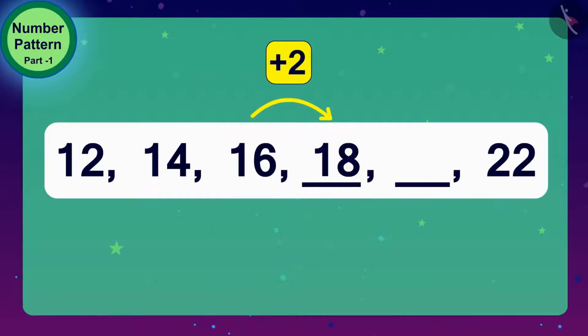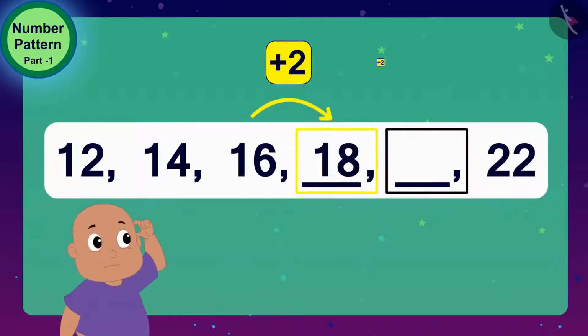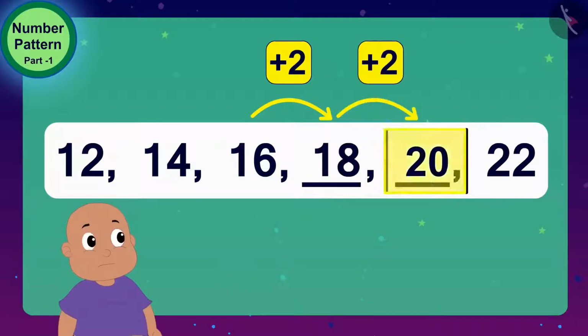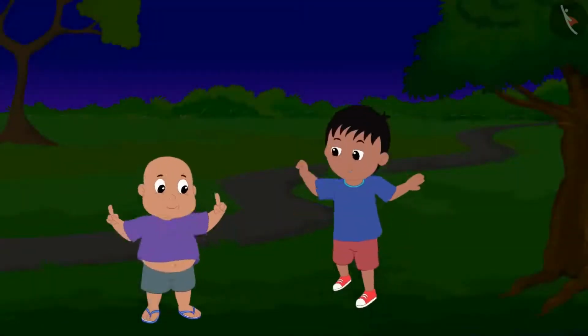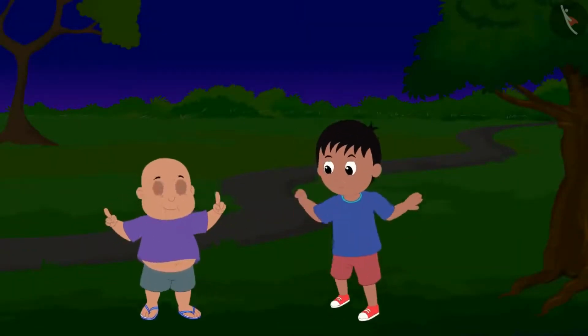Bablu, now can you tell what will be the next number? Add 2 to 18 and you get 20. Raju, we have solved the first riddle. Both Raju and Bablu started dancing.